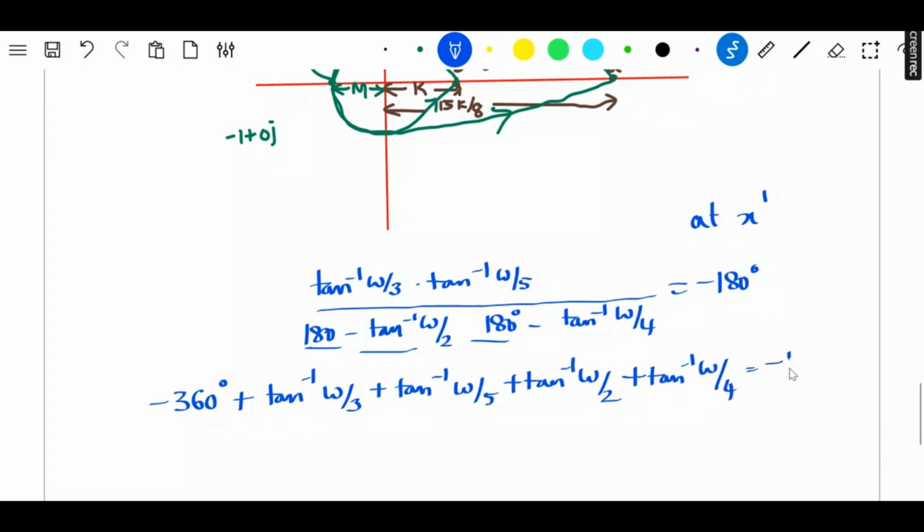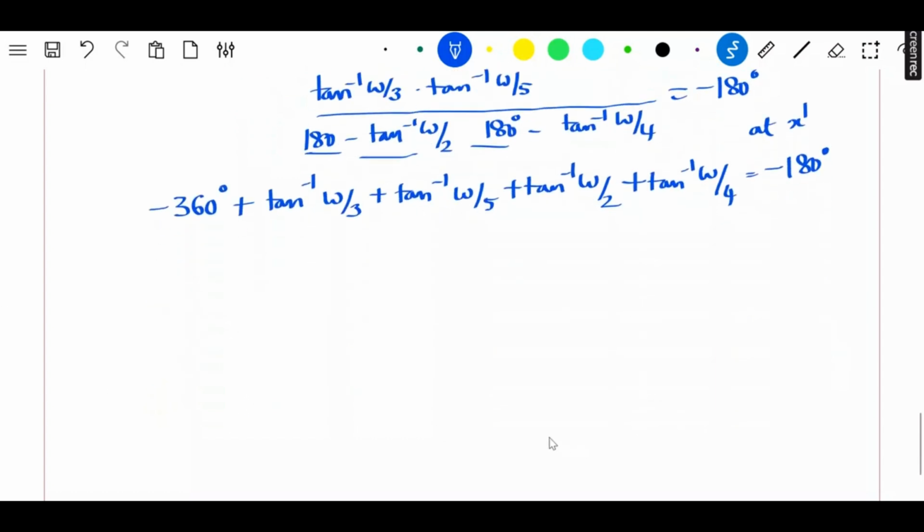And this is equal to minus 180 degree at x dash. Now if you try to find out the omega value for this particular angle condition by applying the tan inverse of x plus tan inverse of y formula, the omega value I get here is square root of 11 radians per second.